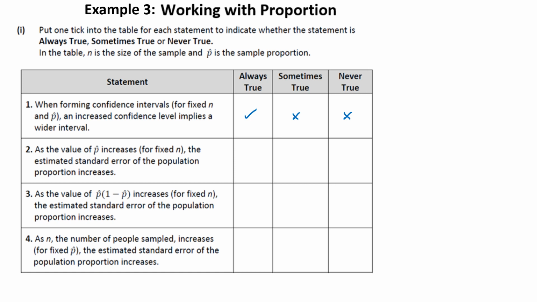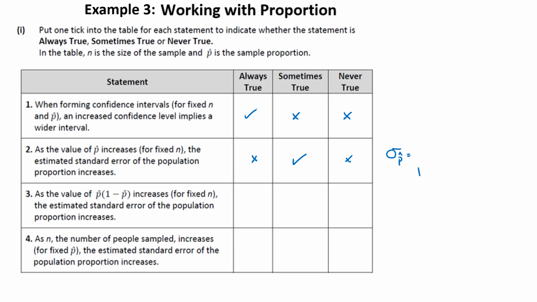As the value of p hat increases for a fixed n, the estimated standard error of the population proportion increases. Now, that is only sometimes true. And the reason that is only sometimes true is if we take a look at page 34, what they're talking about is p hat.